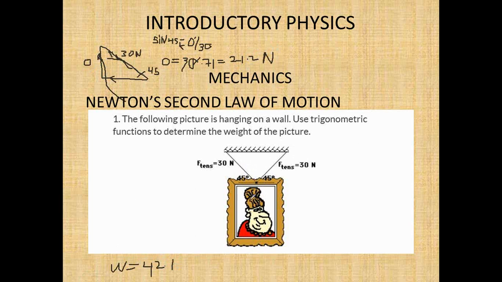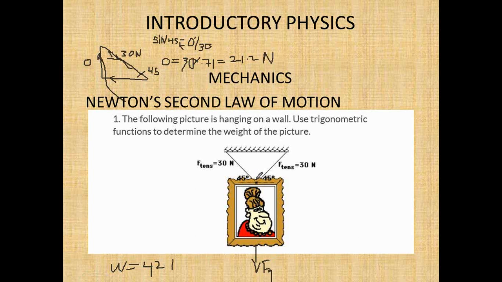It is the vertical component, because remember, the weight of the frame due to gravity is straight downwards. The force due to gravity is straight downward. So you can only balance this by an upward force with the same magnitude.